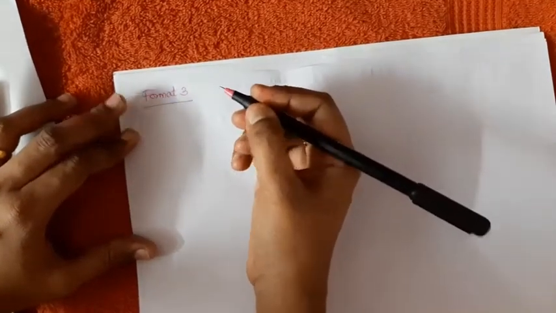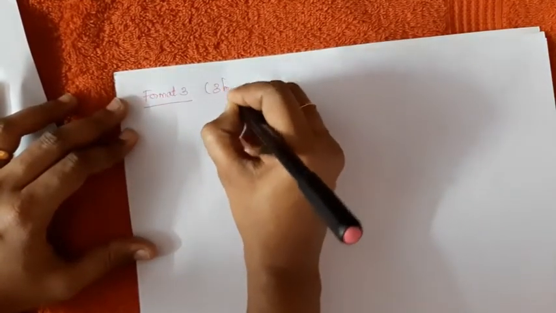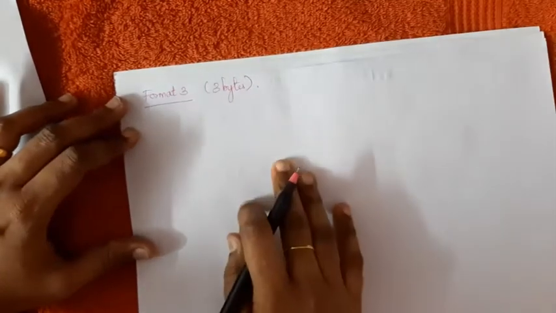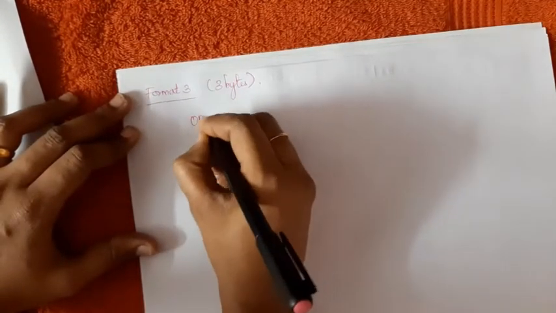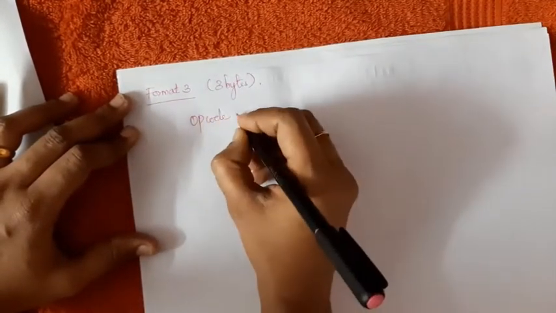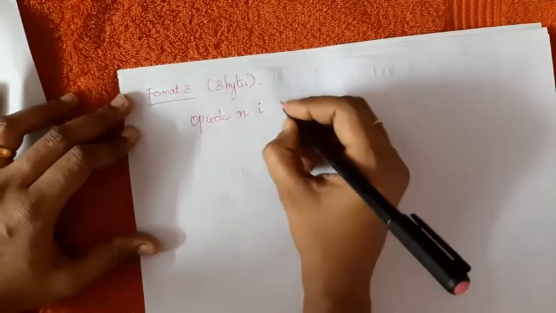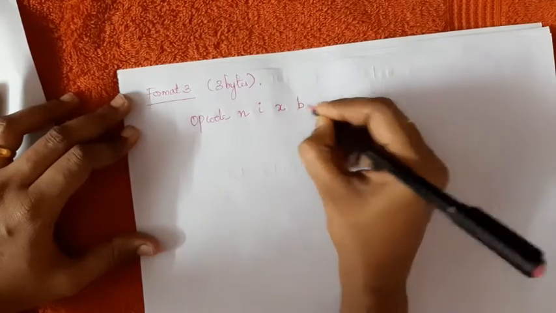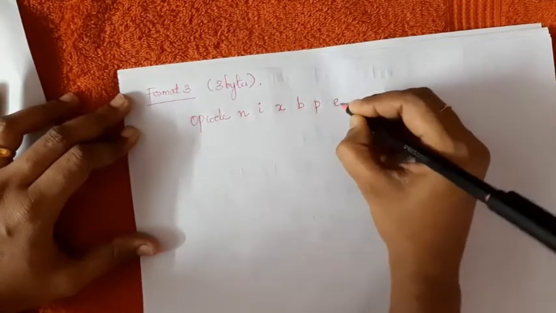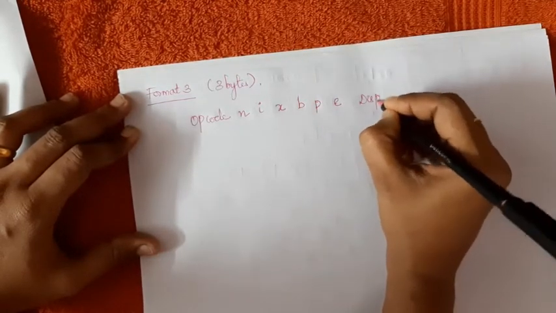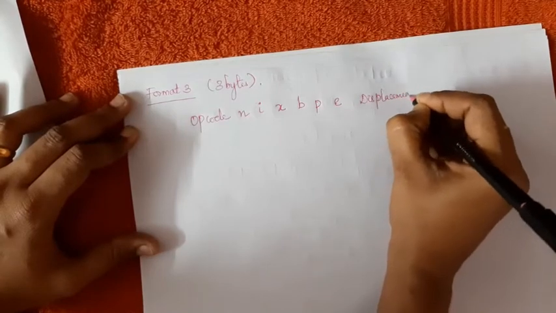Format 3 instruction. Okay, so this is 3 bytes. Here we'll have opcode, N, I, X, B, P, E and displacement.